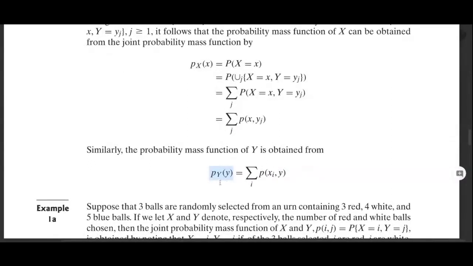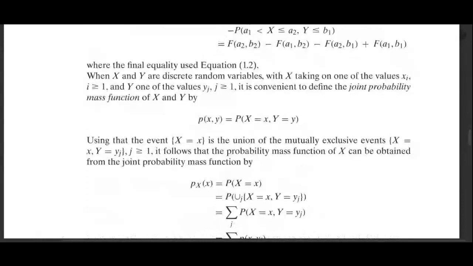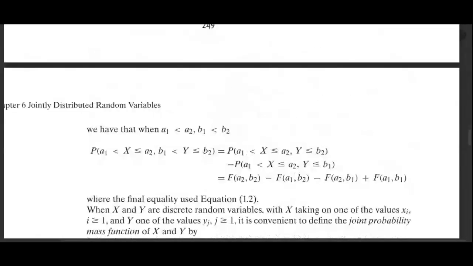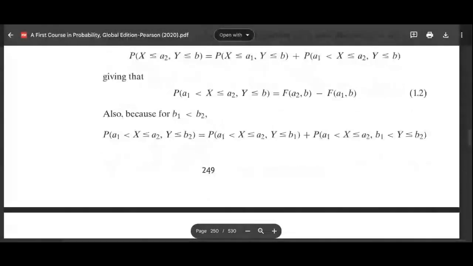Similarly for Y, we write P_Y of y as a summation of all the density functions of p with the index. Okay, anyone has any questions? So everything from before, but now just putting those two variables together. But the idea is still the same.